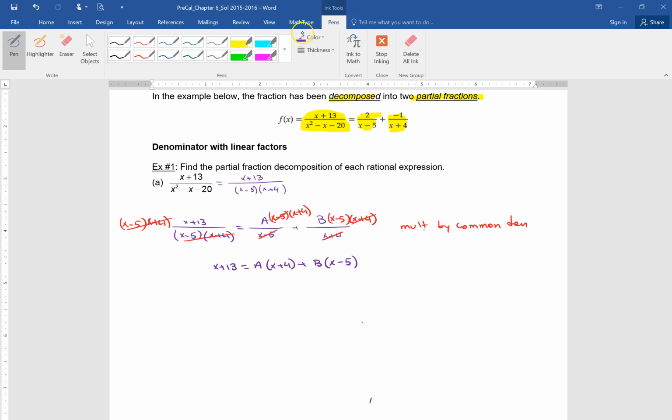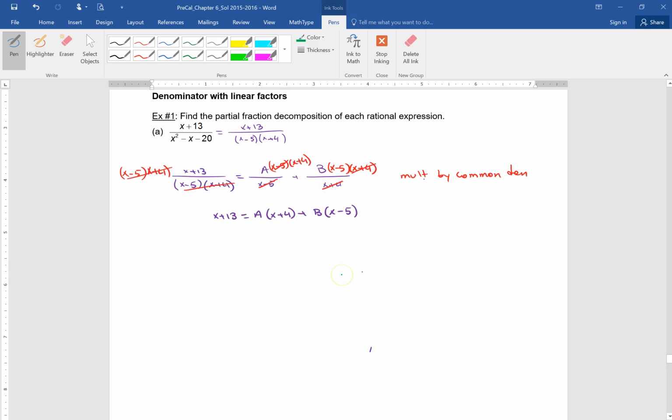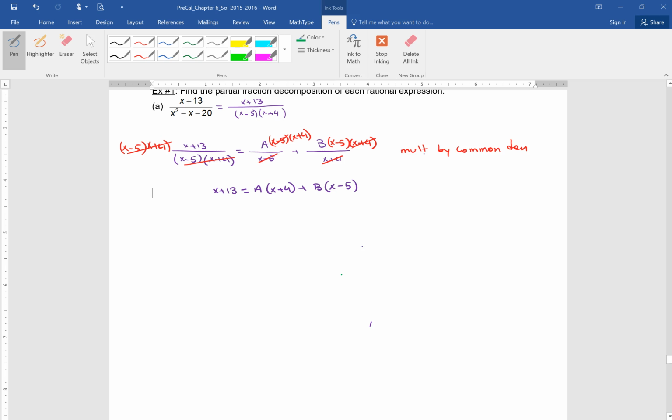Okay? Now, what I want to do is I want to come up with a number that will eliminate one of these terms here, either the A or the B, right? So suppose I want to eliminate the B. What number can I plug into x here in order to make that parenthesis 0? 5.